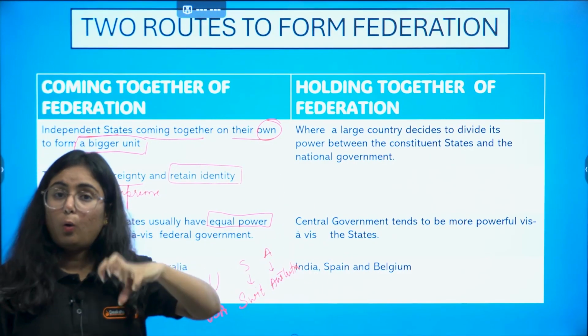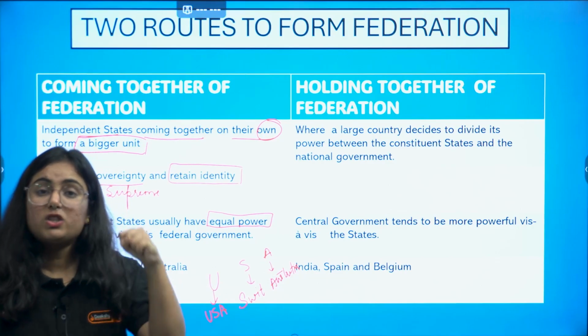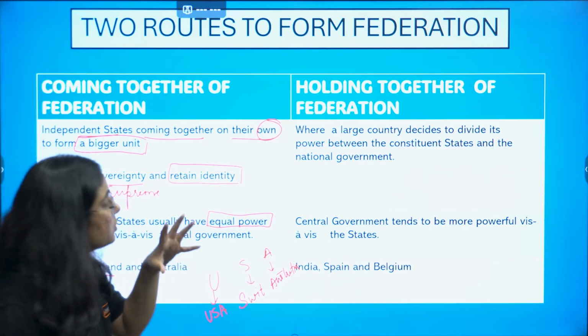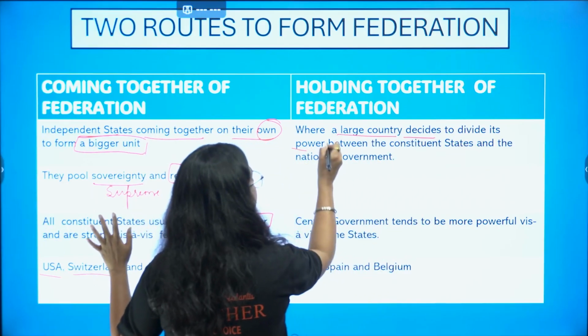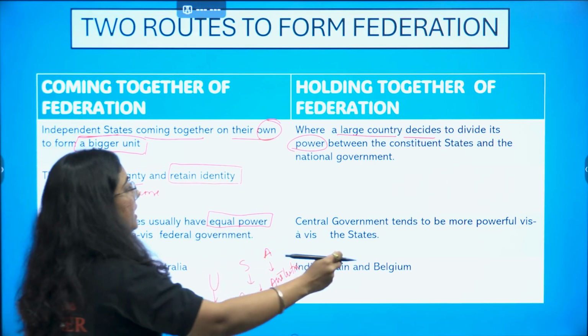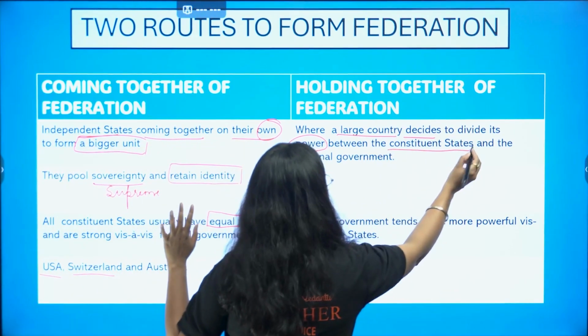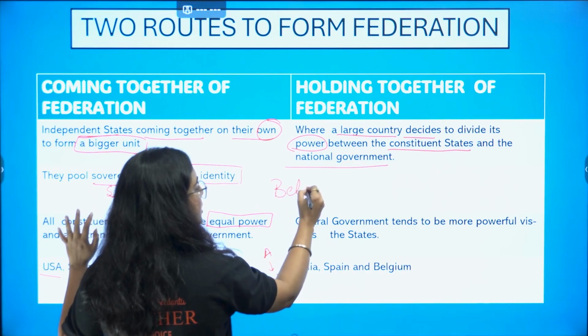Now, we are holding the states, we are holding the regions together because we want a federation. So, whenever a large country decides to divide its power, what is divided? Powers are divided between the constituent states and the national government. Remember the case of Belgium.